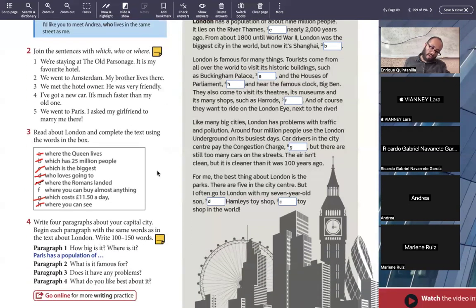Escríbanlo en Word, on your notebook. Yeah, on a sheet of paper. ¿Vale? Tenemos 20 minutos para hacerlo, guys. No va a ser para Classroom, pero sí quiero que lo hagan como práctica.